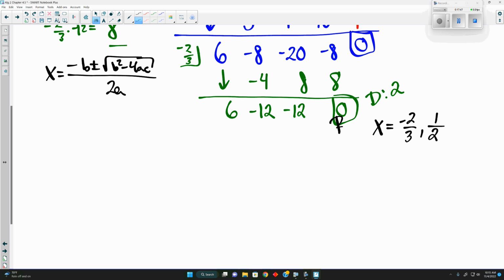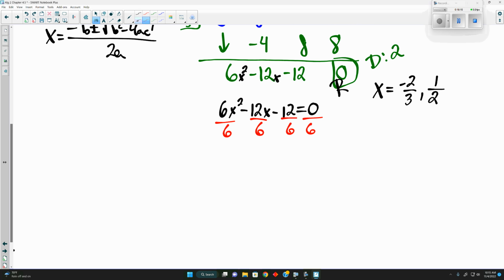Now we plug the variables back in. We'll have 6x squared minus 12x minus 12 is equal to 0. If there's a greatest common factor of a number between all three terms, let's get rid of it. So here we can divide everything by 6.